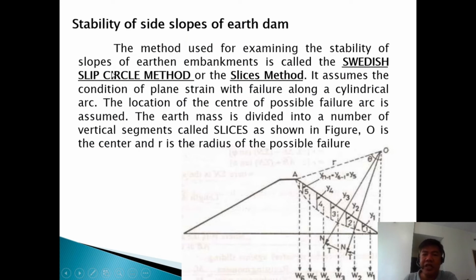This is the Swedish slip circle method, or the most common term, the method of slices. It is known to be Swedish because the authors are Swedish, so they call it a circle.